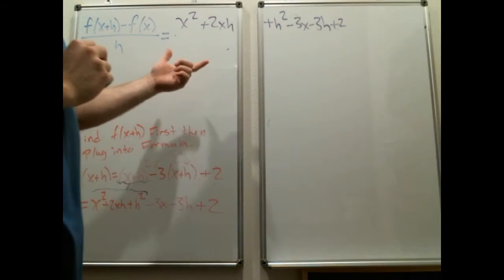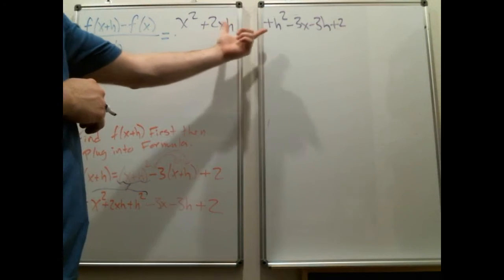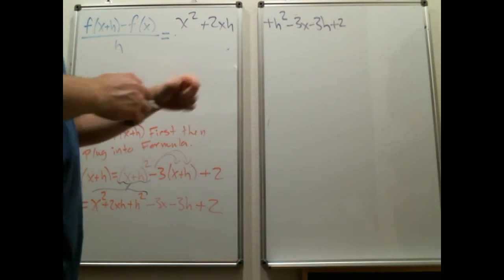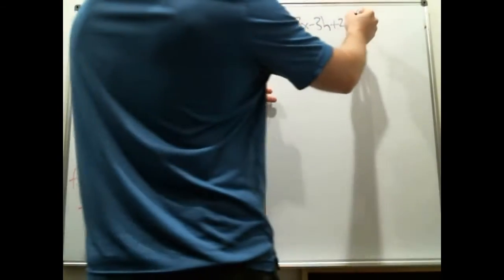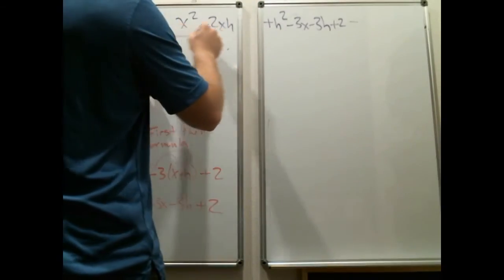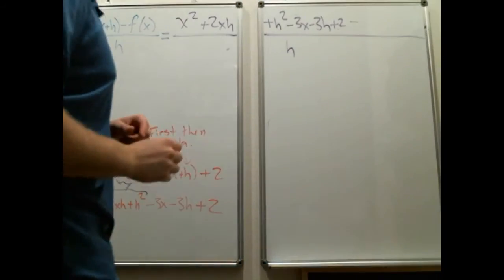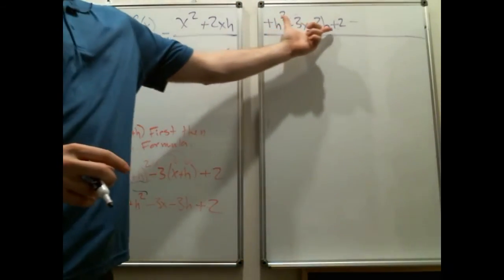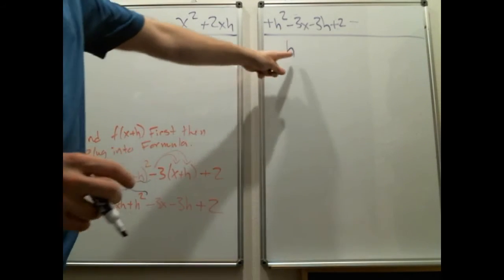So that is just the f of x plus h portion. So here this is supposed to be conjoined. Alright, this is just the f of x plus h, and then it's minus, and you're going to have this big divide sign with an h on the bottom. So this is f of x plus h, this is the division line here, and then this h is this h.